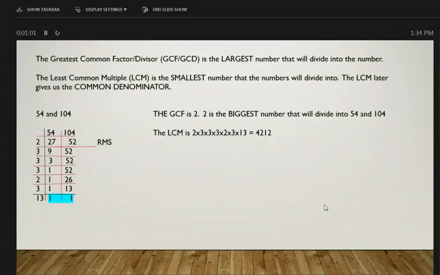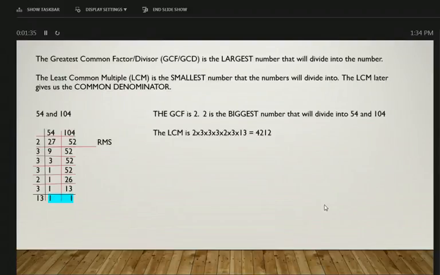I always do. So, let's take these two numbers right here. 54 and 104. And I put them on the scale here, and I draw a table, and I do my first one. 2 will go into 54 27 times. And 2 will go into 104 52 times. Now at that point, I put RMS out here. Why is that? Because the real math stops. What do you mean the real math stops?